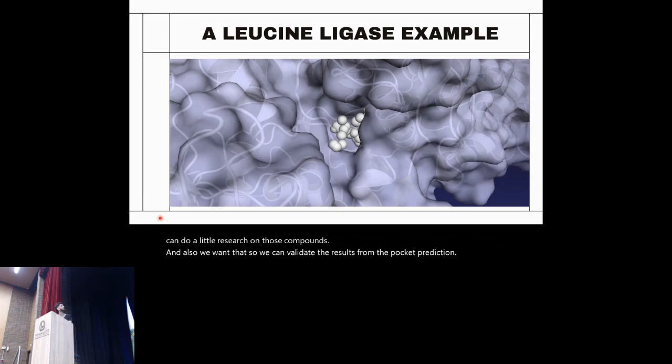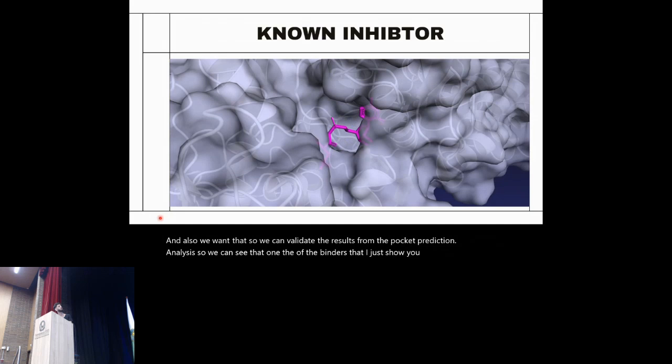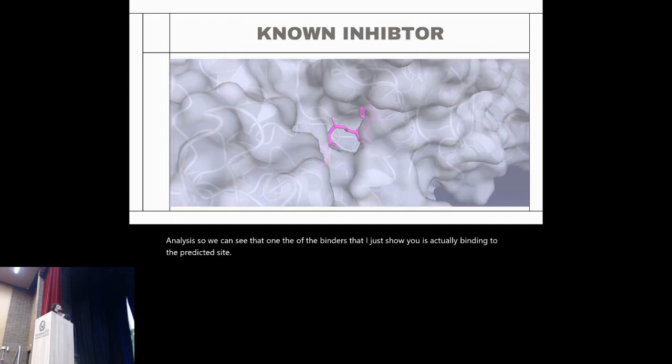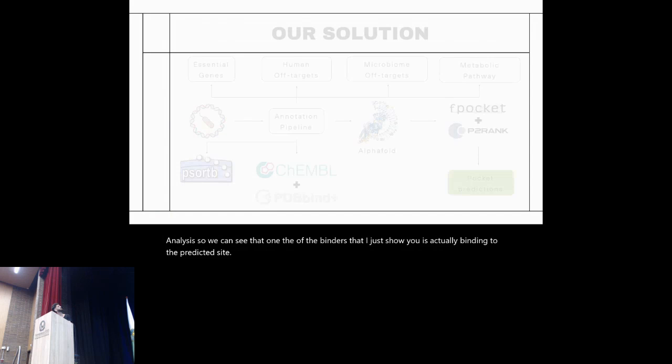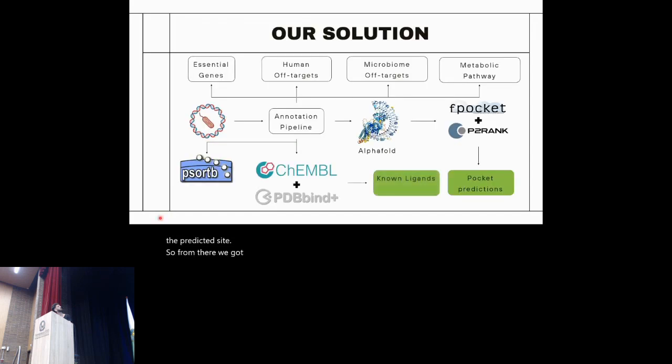So we can see that one of the binders that I just showed you is actually binding to the predicted site. So from there we get the pocket prediction and the known ligands for the genome.